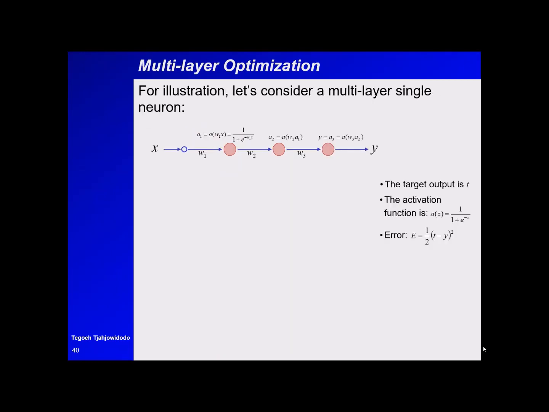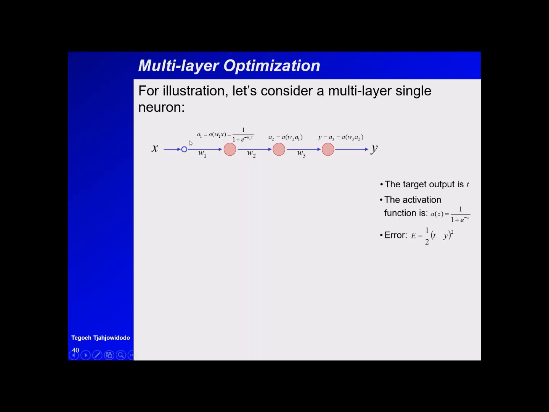To start, let's take another simple case here. It's slightly more complex than a single net, but this is still simple. So I have 1, 2, 3, 4 layers, but each layer only has one neuron.